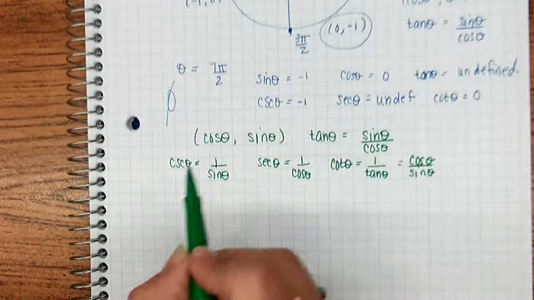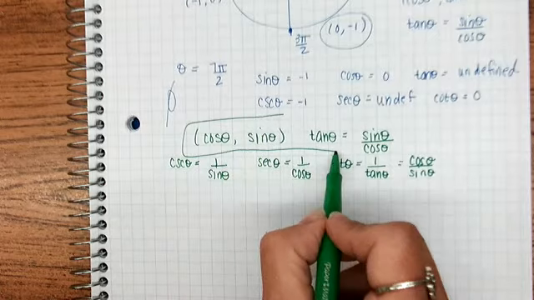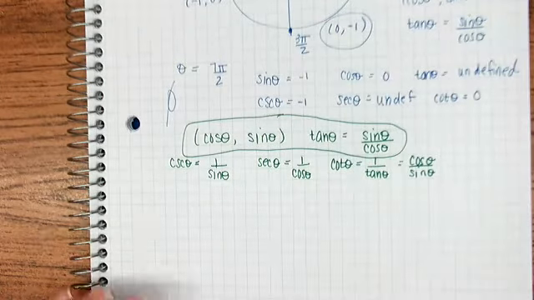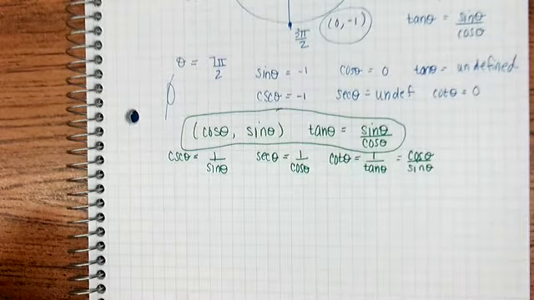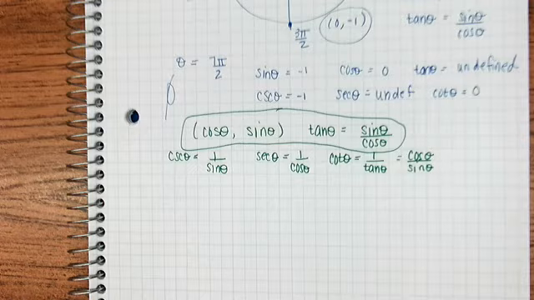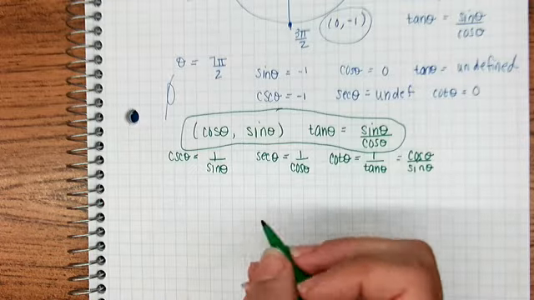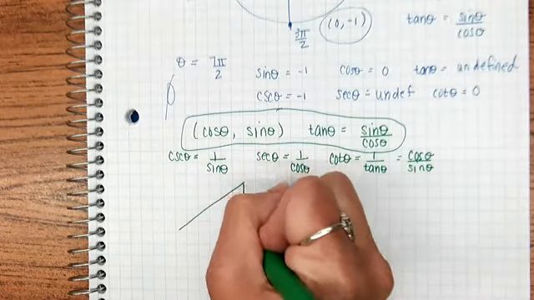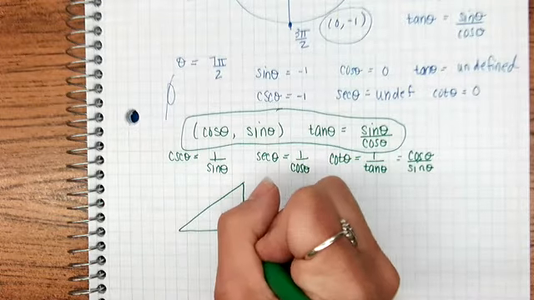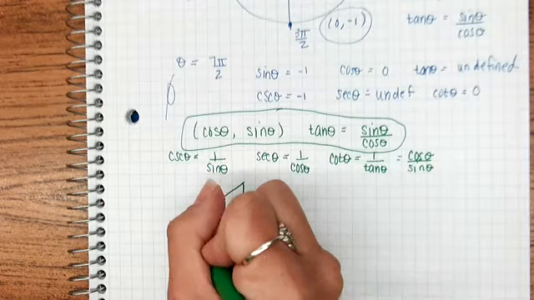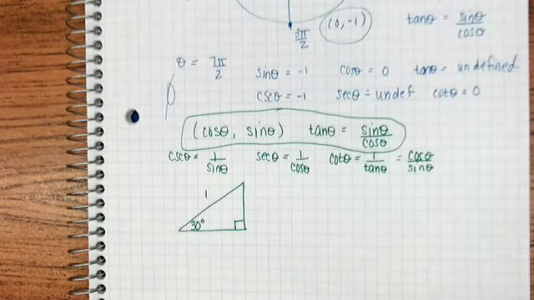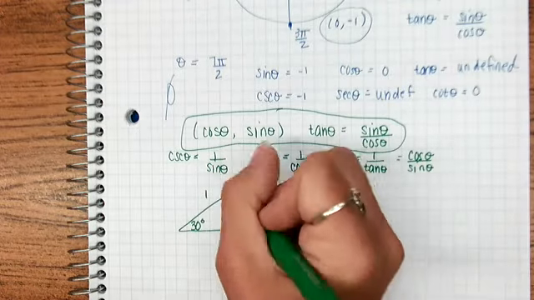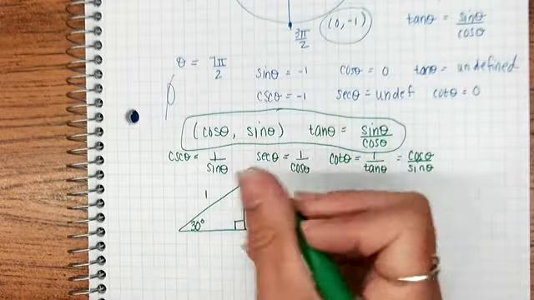Okay. This, I would say, is the most critical. But before even that, you must understand the relationships in the 30, 60, 90 and 45, 45, 90 triangles. Opposite the 30 is 1/2.